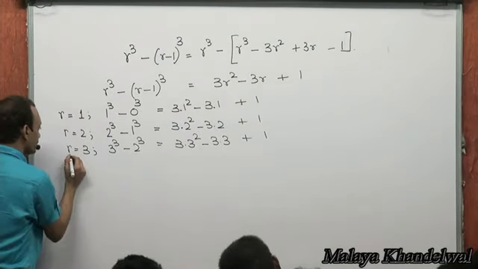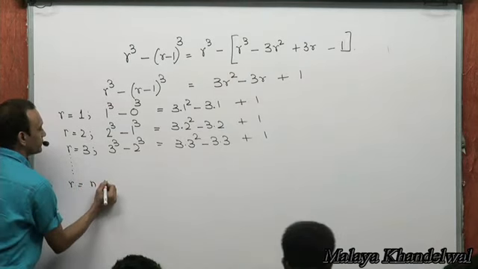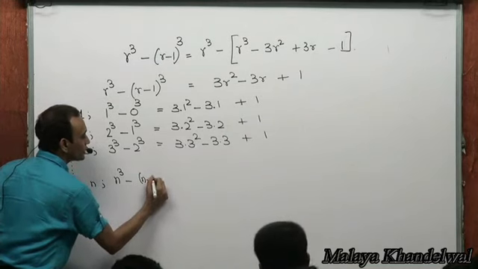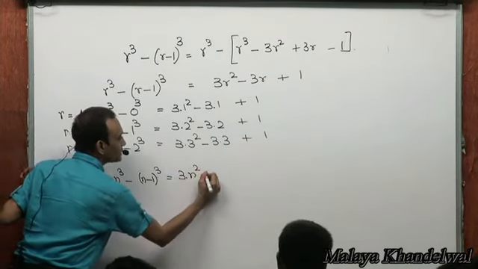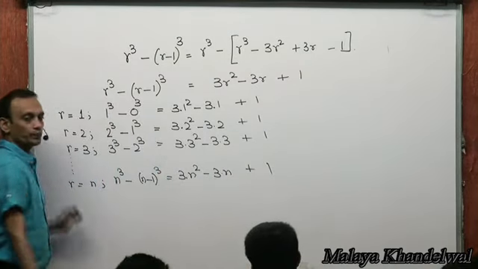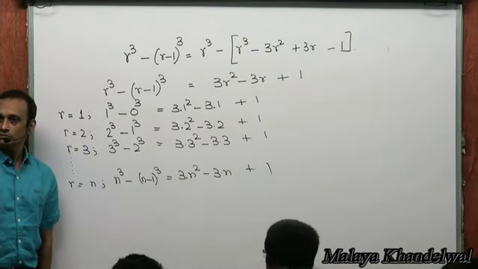Right? Going this way, if you plug in r equal to n, you get n cubed minus (n minus 1) whole cubed is 3 into n squared minus 3 into n plus 1. Yes or no? Sounds good?